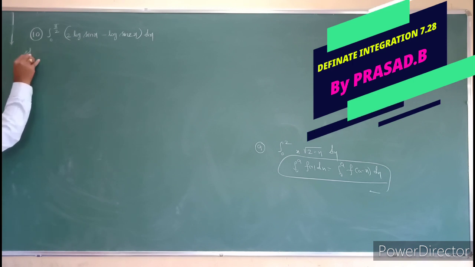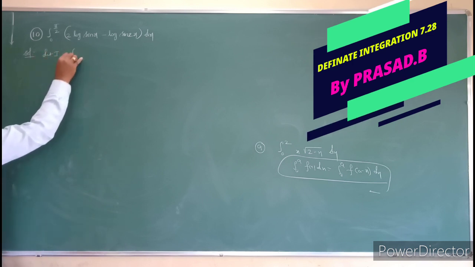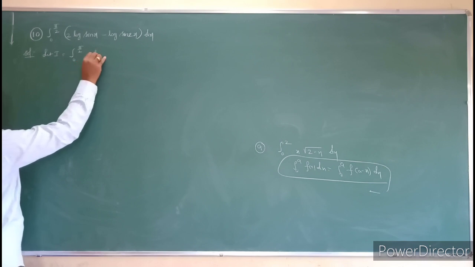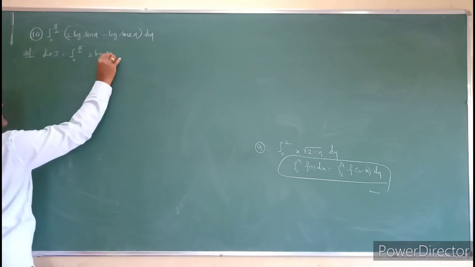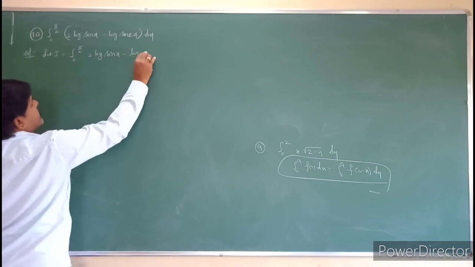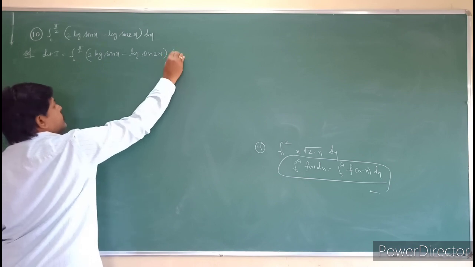See the solution. Let I is equal to integral 0 to pi by 2 of 2 into log of sin x minus log of sin 2x into dx.